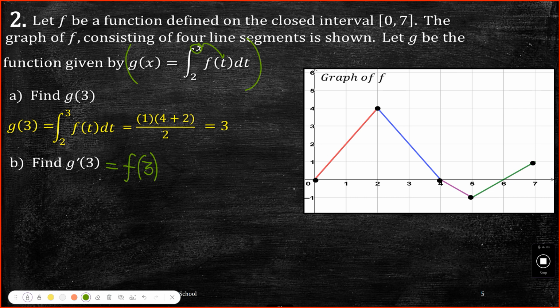What's f of 3? That is the graph of f here. So what is f of 3? You're just going to it right there.